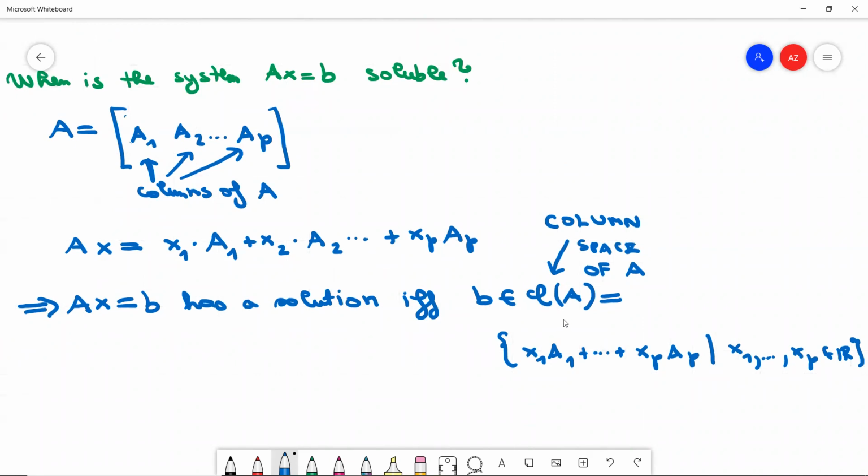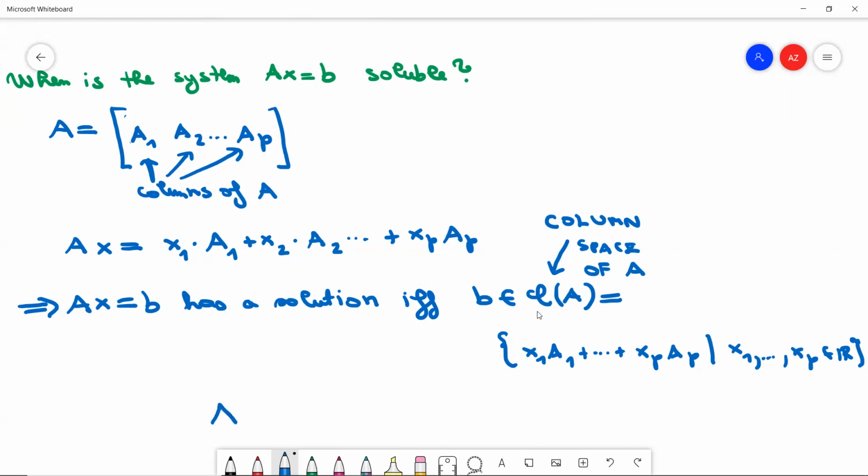But how do we check if B is in the column space of A? How do we check this without solving? We only need to know if the solution exists. There is one rank condition which tells us when B is in the column space of A. So how are these ranks connected?